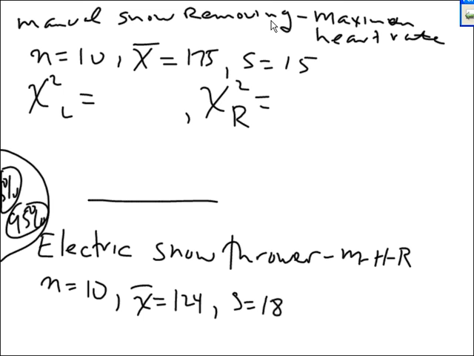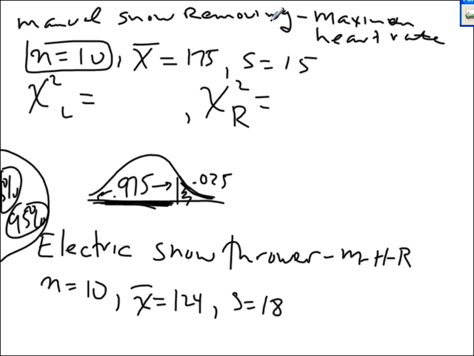Since we're using 95%, in the right tail here is going to be 0.025. There's 0.975 left over for everything else. Under 0.975, we go to n minus 1.